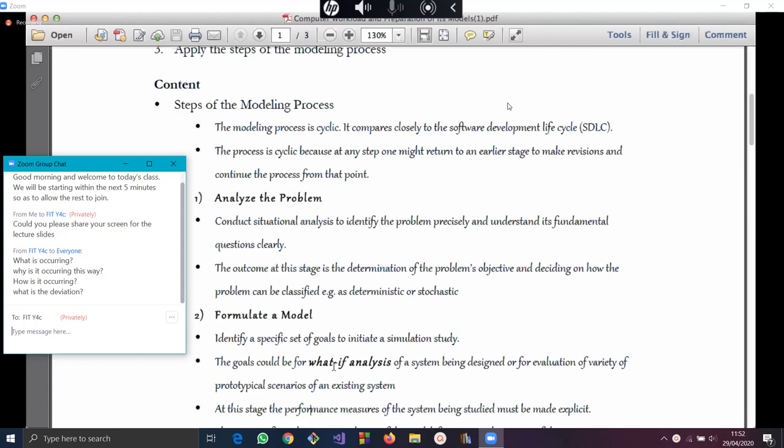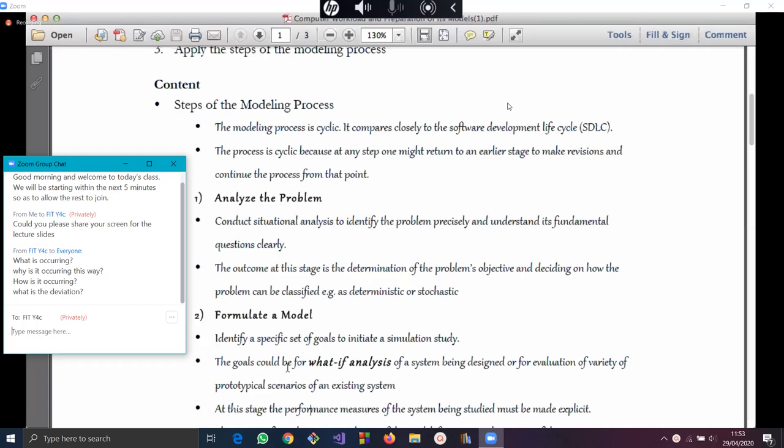So in this stage, in order to formulate a model, number 1 is to identify the goals to initiate a simulation study. Identify a specific set of goals to initiate a simulation.